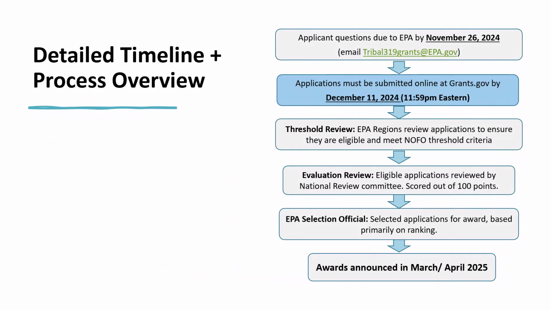Most tribes start their projects October 1st, and they'd be a 1-year period. There are some tribes that start July 1st, and we can usually do that award if you want to start your project July 1st. So I would say between July 1st and October 1st, and just work with your project officer on the project timeframe.